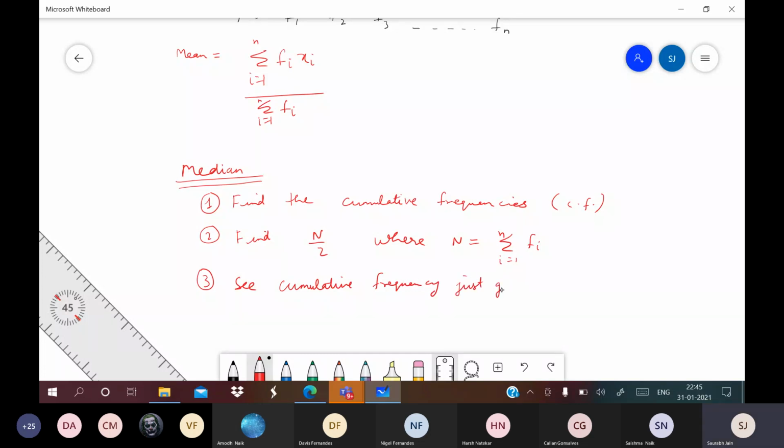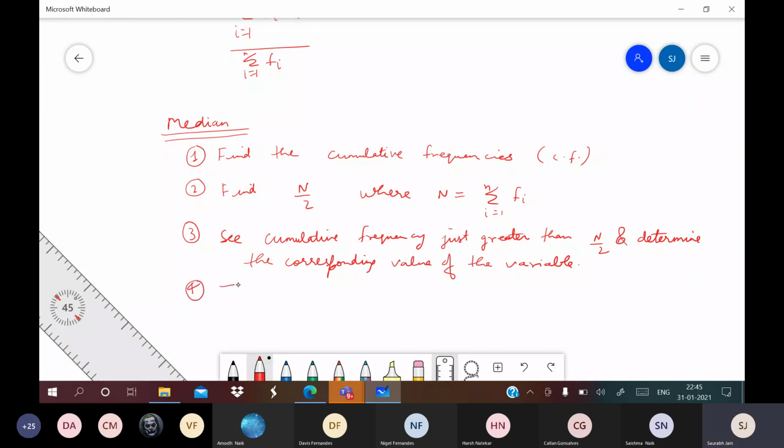Just greater than, we'll solve a question also. These are the steps that you have to remember. Find the cumulative frequency just greater than n by 2 and determine the corresponding value of the variable. The value obtained in step 3 is the median. These are the steps.